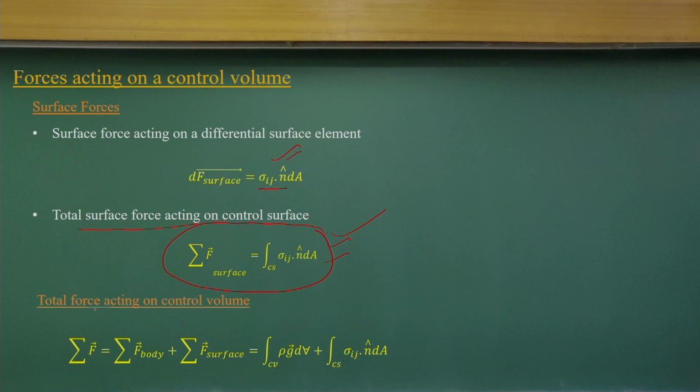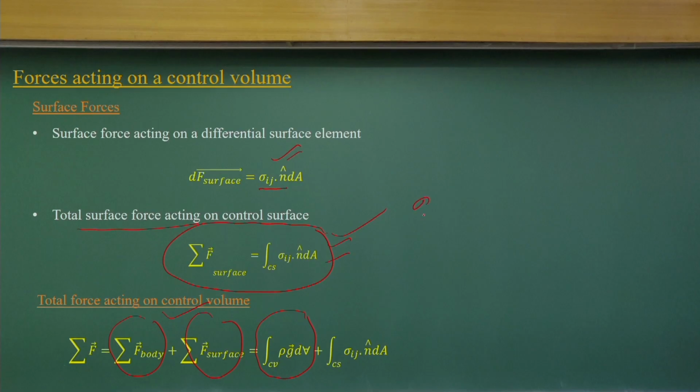So, the total force acting on the control volume will have the body force component and the surface force component. The body force component will have a volume integral of rho g dV. g is a vector quantity, as acceleration due to gravity can have 3 scalar components gx, gy, gz.